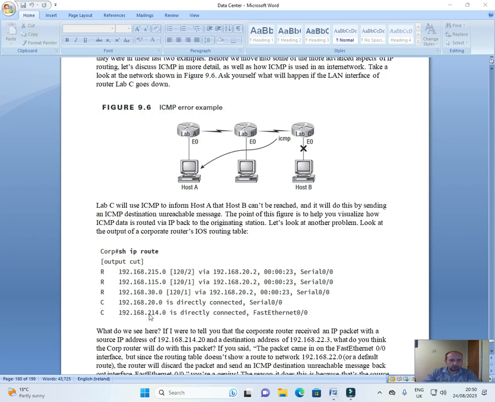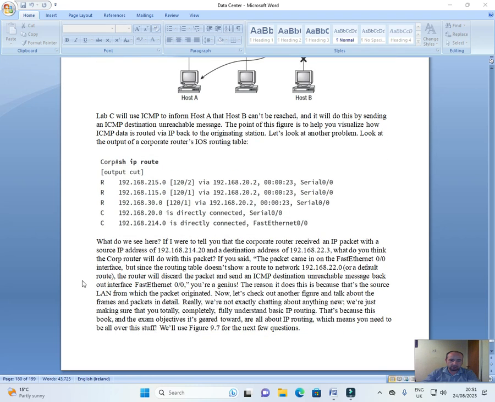C 192.168.20.0 is directly connected, Serial 0/0. C 192.168.214.0 is directly connected, FastEthernet 0/0.